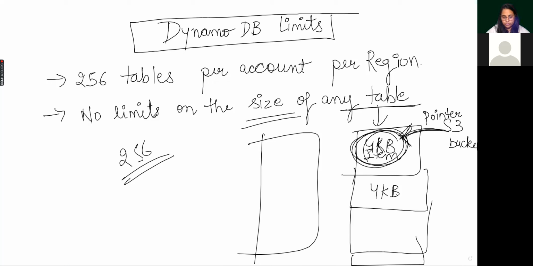Now, if you have any issue regarding DynamoDB... I just understand the limits, but no limits on any table. Everything is clear. Now just tell me what you have done on DynamoDB till yet.